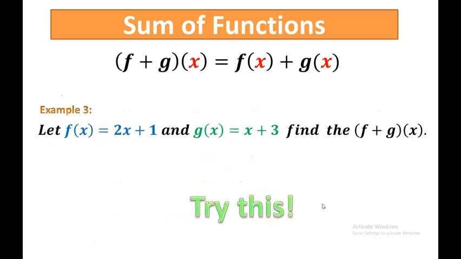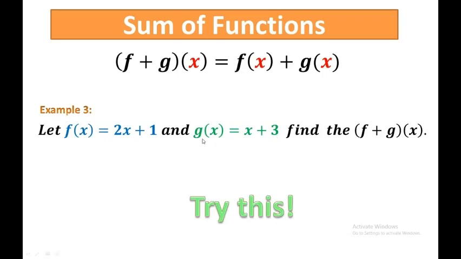Next. Example number 3. So you have to try this example number 3. All you have to do is to find the sum of the two functions. Our problem is let f of x is equivalent to 2x plus 1. Again, f function of x is equal to 2x plus 1. And g of x is equivalent to x plus 3.